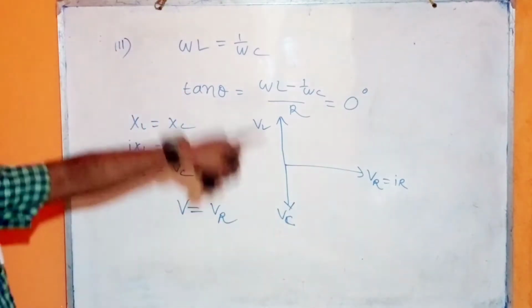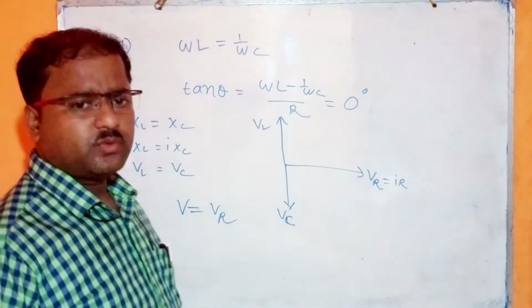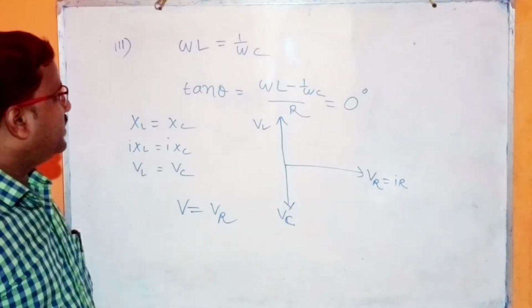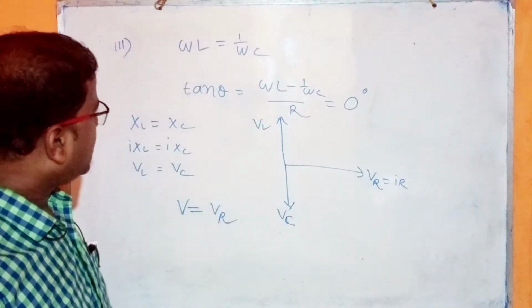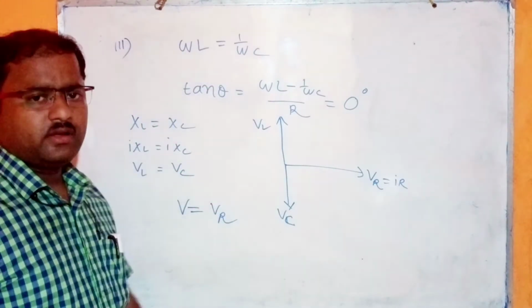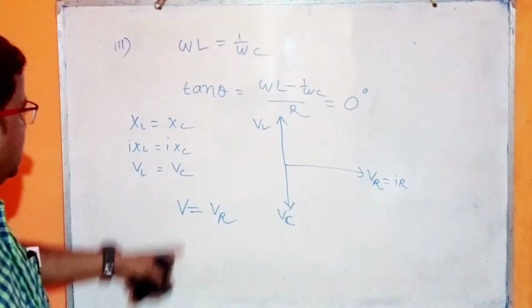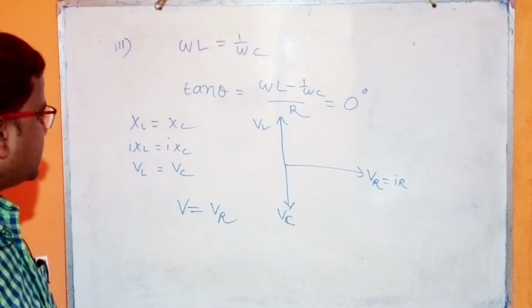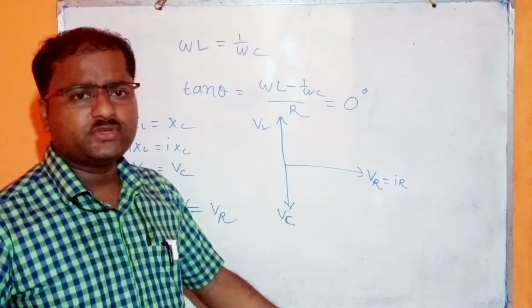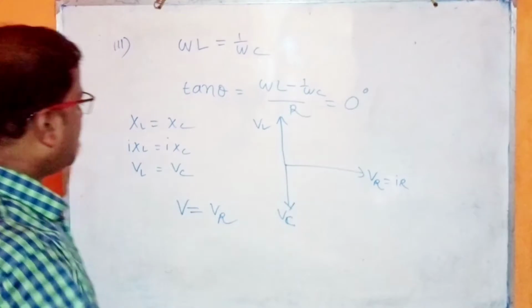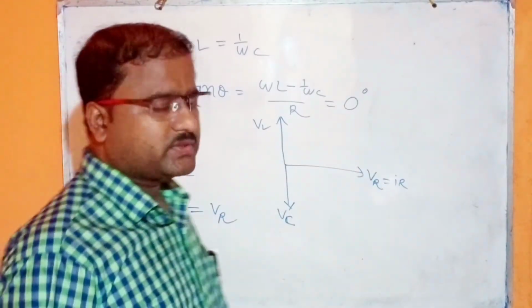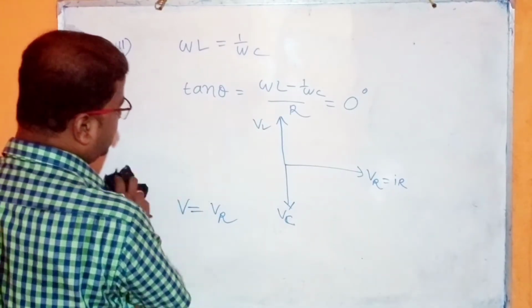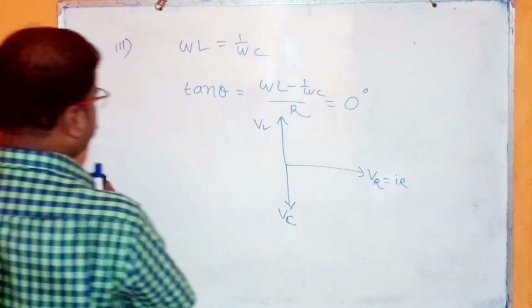This condition is called resonance. When the reactance of inductor and reactance of capacitor are equal, then the voltage across inductor and voltage across capacitor are equal and opposite. Therefore, the total current in this case is maximum and the circuit is a pure resistive circuit.